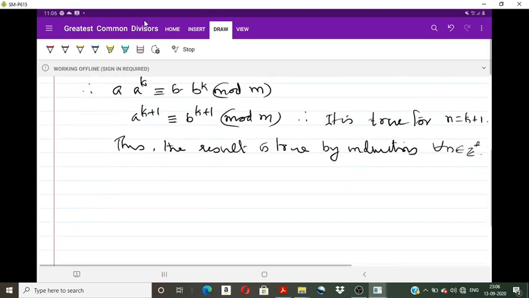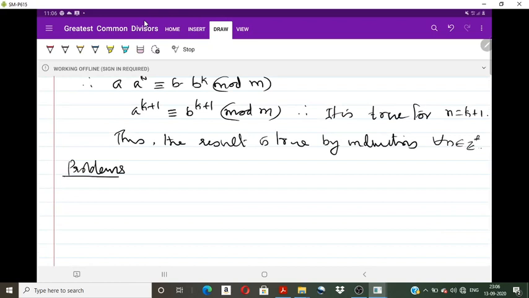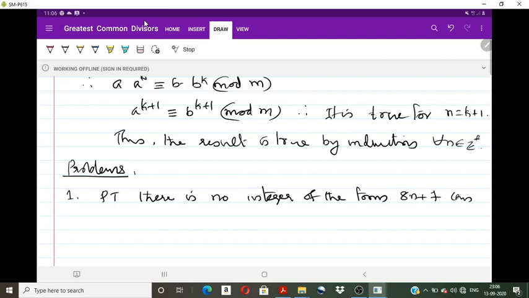So now we move to the problems. First problem: prove that no integer of the form 8n plus 7 can be expressed as a sum of three squares.